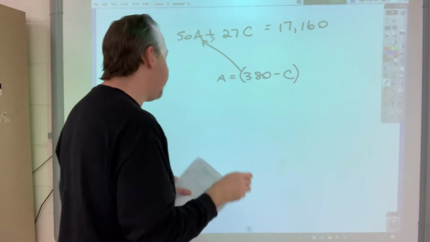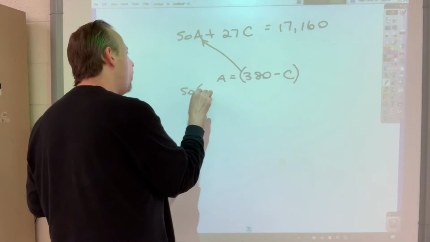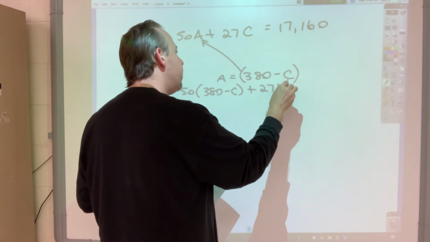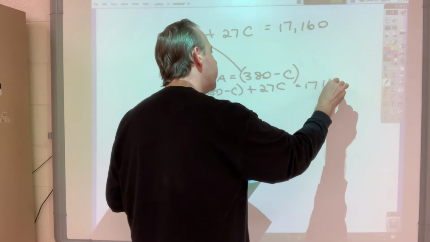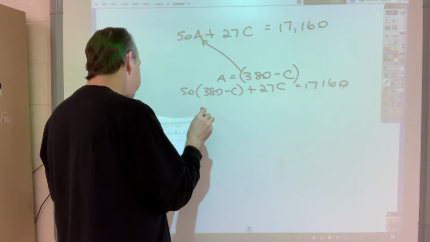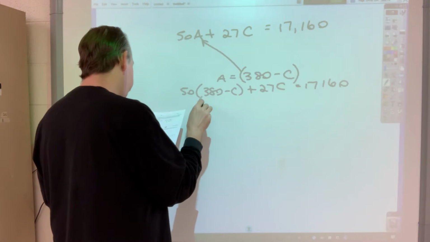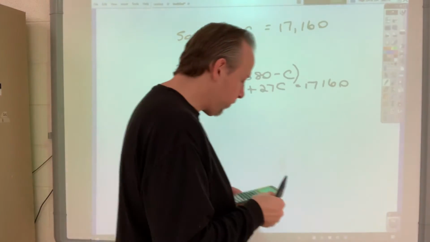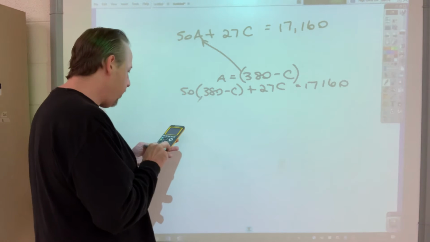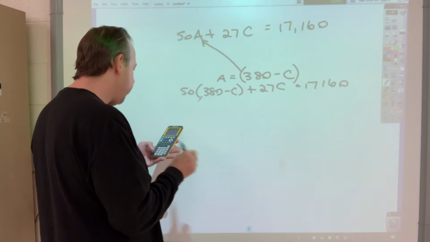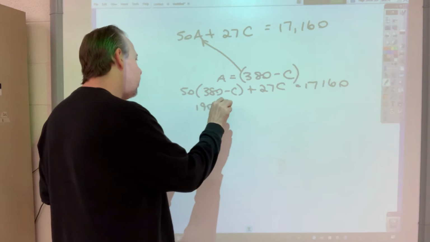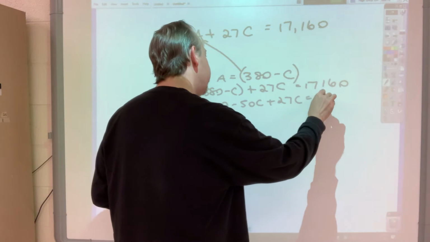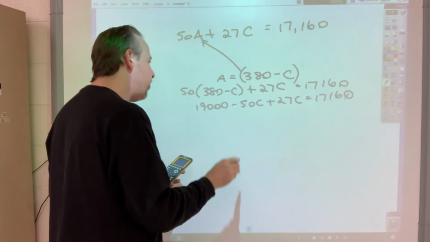That's the substitution method. So it's 50 times 380 minus C plus 27C equals 17,160. When you distribute, you get 50 times 380 is 19,000 minus 50 times C, which is 50C, plus 27C equals 17,160.